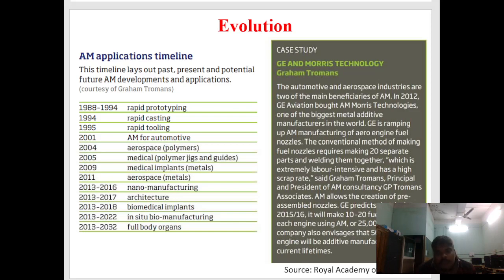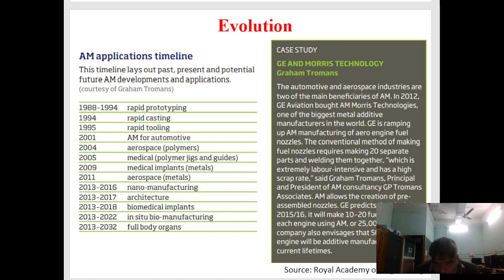The automotive and aerospace industries are two of the main beneficiaries of additive manufacturing. In 2012, GE Aviation bought Morris Technologies, one of the biggest metal additive manufacturers in the world. GE is ramping up AM of aero engine fuel nozzles.